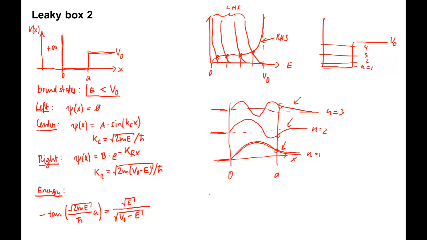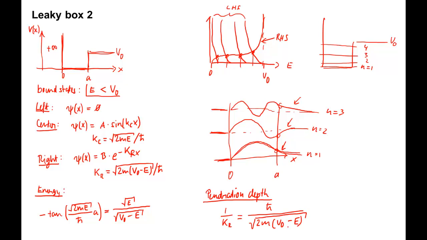What is the penetration depth, or the decay length, of this wave function? The penetration depth tells us how far the particle penetrates into the classically forbidden region. It's given by 1 over uppercase Kr, which is h bar divided by the square root of 2m times (V0 minus E).